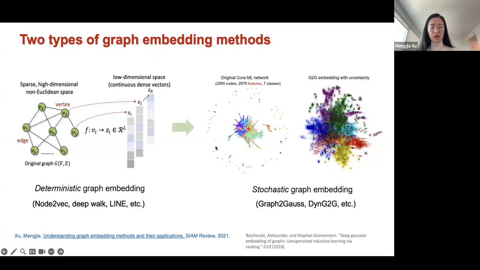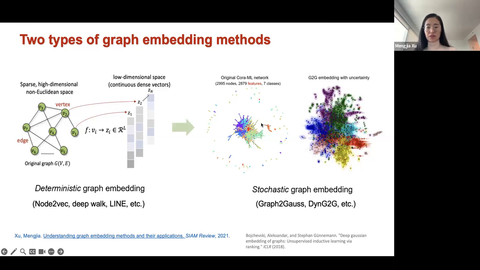The other type of graph embedding method is called stochastic graph embedding. Basically, it can map high-dimensional sparse non-Euclidean space graphs into a dense functional space.